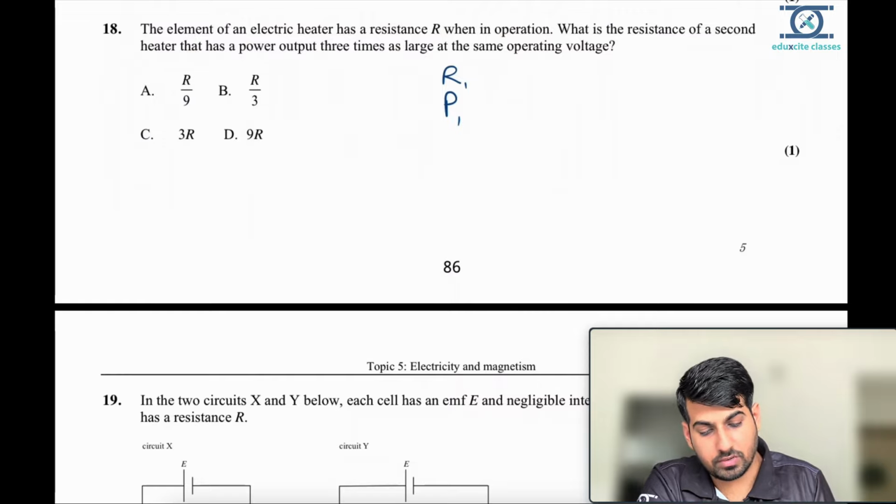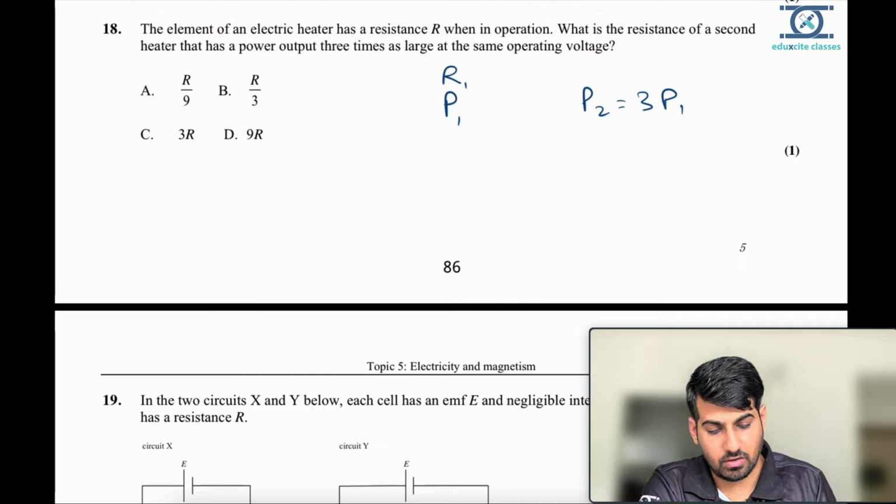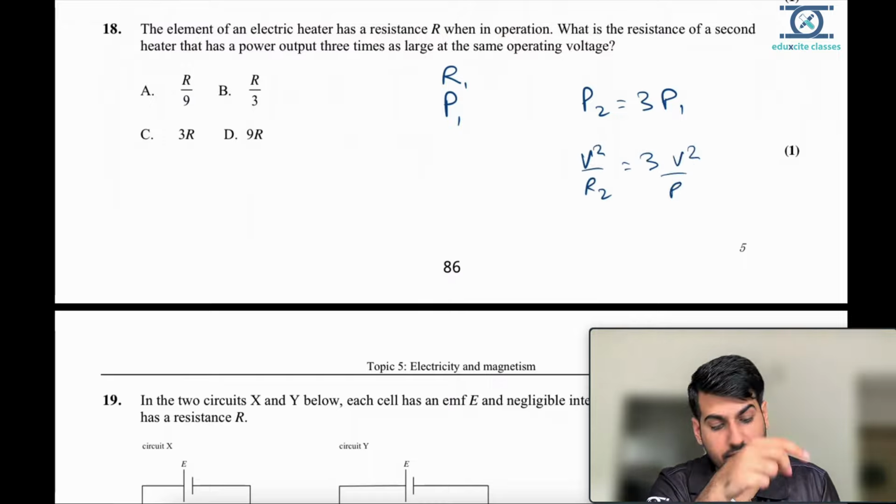So the second heater has a power output 3 times that of the power P1, operating at the same voltage. Now we know that power is V square by R2. So this will be 3 times V square by R1.